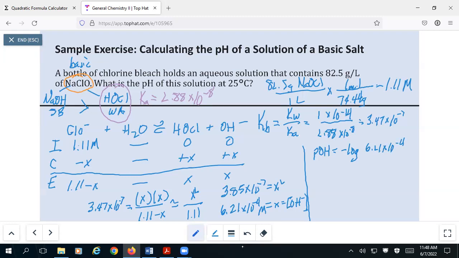Negative log of 6.21 times 10 to the negative fourth would give us 3.207. Remember your sig fig rules here. 3 sig figs means 3 decimal places in the pOH. And pH is equal to 14 minus pOH. So this would be 10.793.